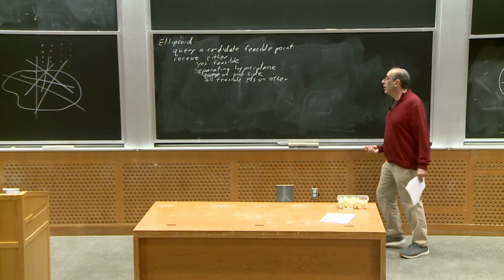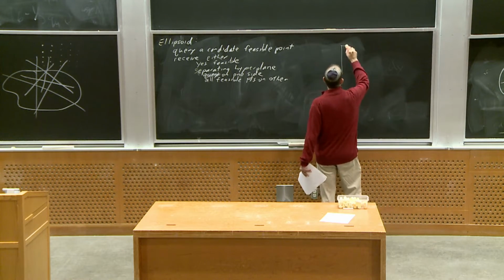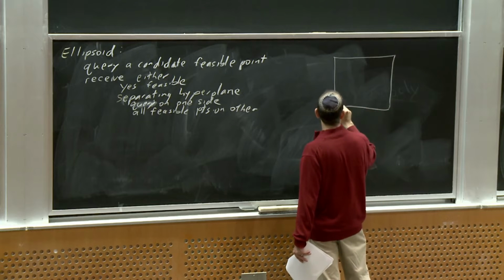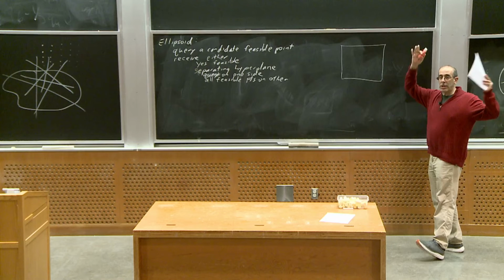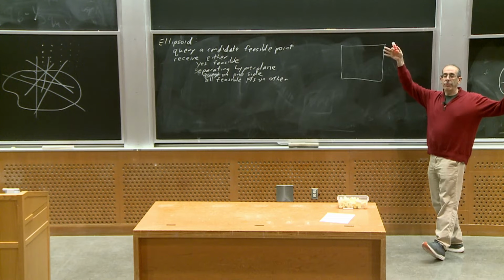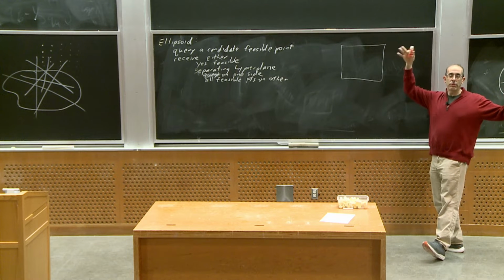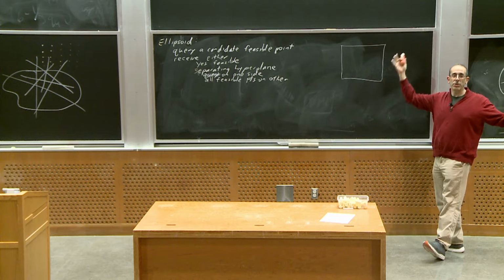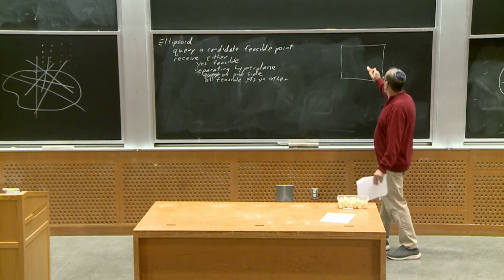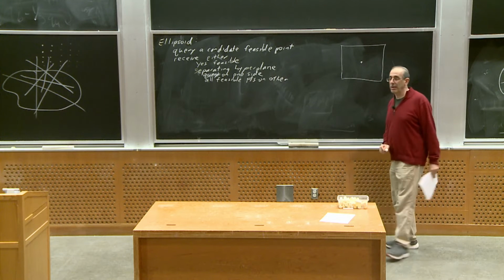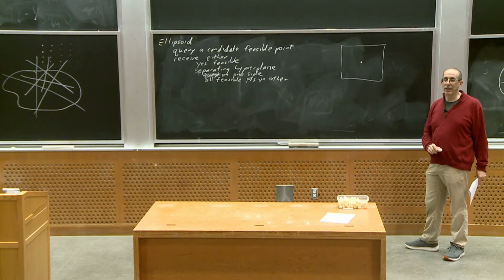Okay, that's the general idea, but it's not going to work if we just do that, right? Again, we need to assume that there are some initial bounds, which can be expressed as a box, right? If there is a feasible point, there's one in the box, right? But now we start making queries, right? It might be natural for me to ask about the center of the box, okay?